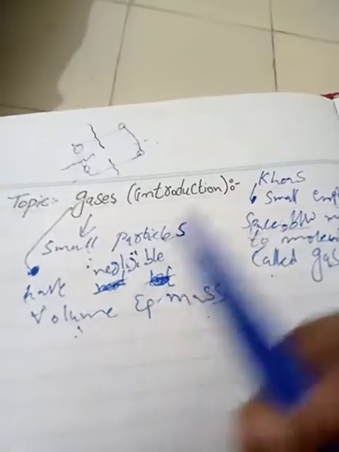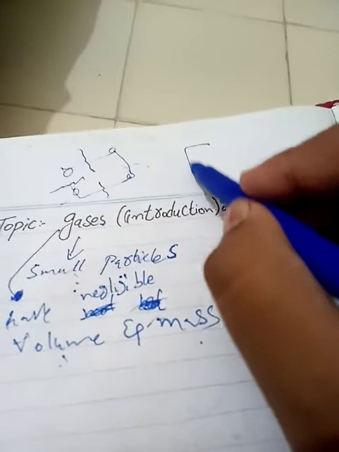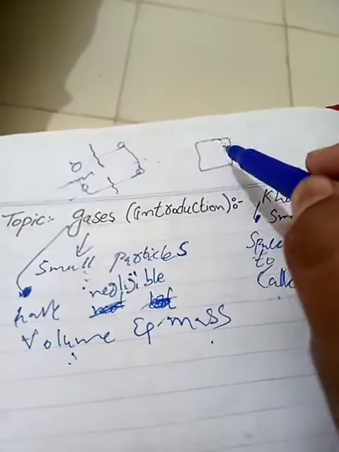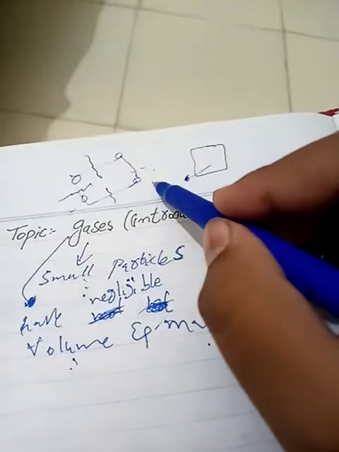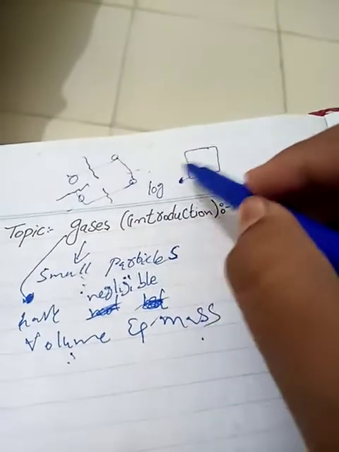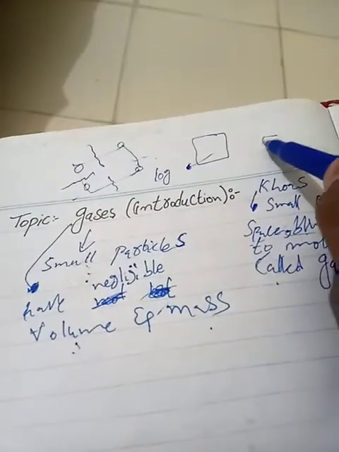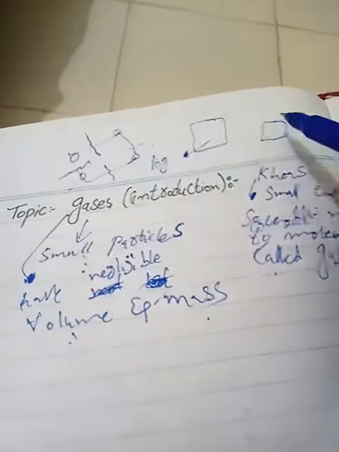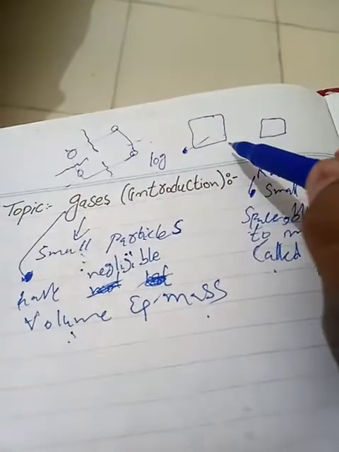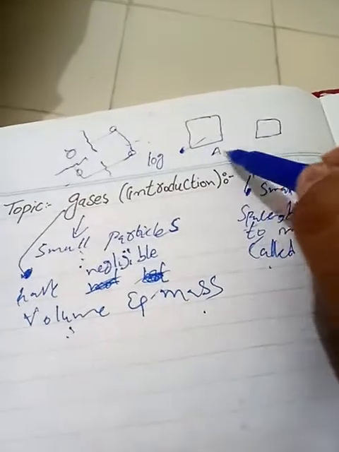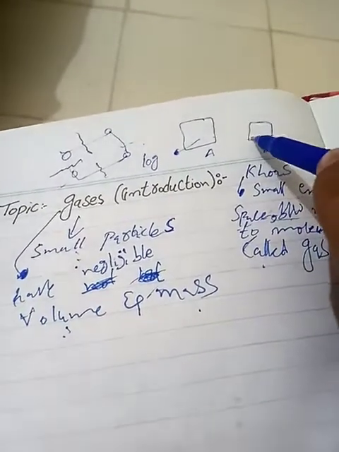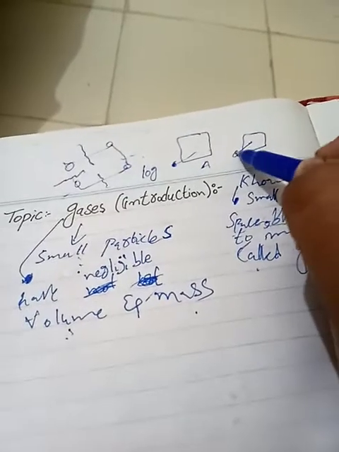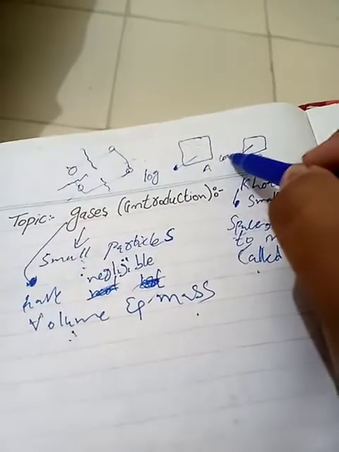Why am I saying that? For example, if we have a container A which carries 10 gram of gas, and we have another container B which is smaller than A, it can still contain 10 gram of gas.